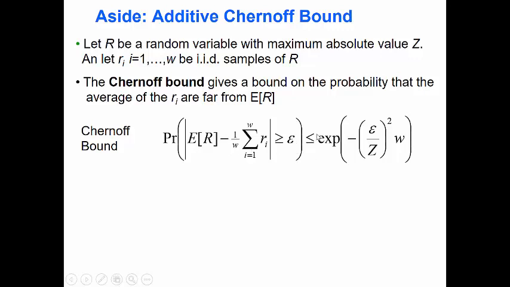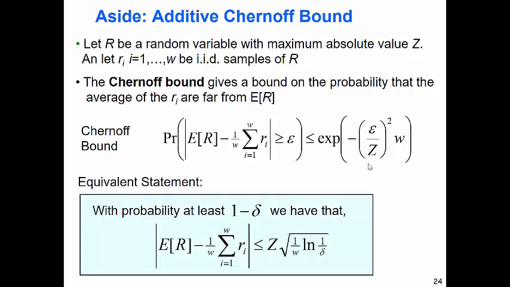And the Chernoff bound said that that probability decreases exponentially with W, the number of pulls. So as you pull the arm more and more, the probability that you're going to have an epsilon error goes down very quickly. And this is exactly what we saw before. We're just reviewing it.